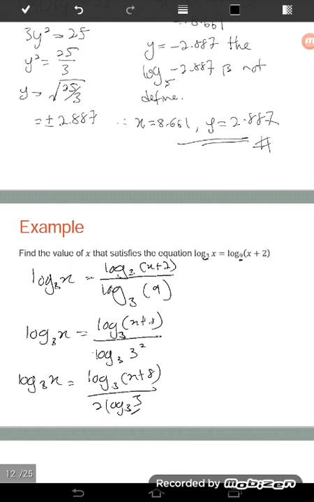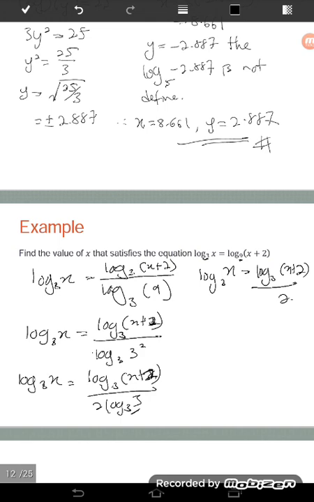So 2 times 1. So we have log x base 3, which is equal to log x plus 2 divided by 2.